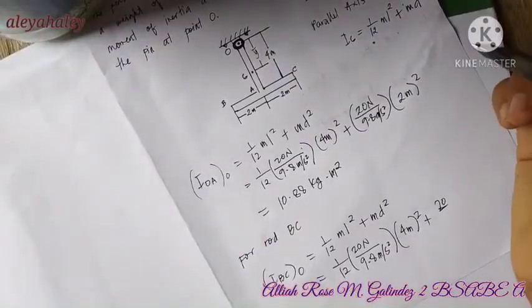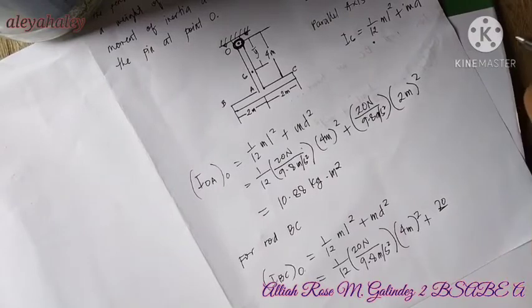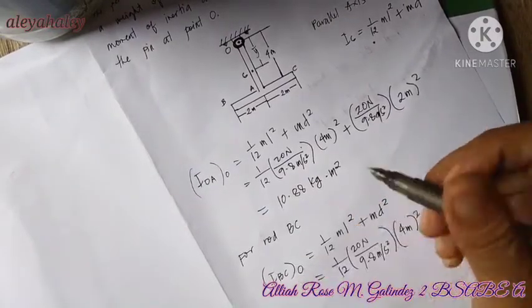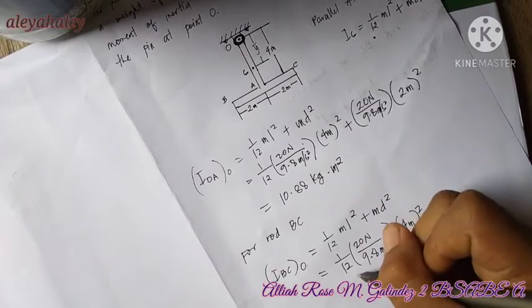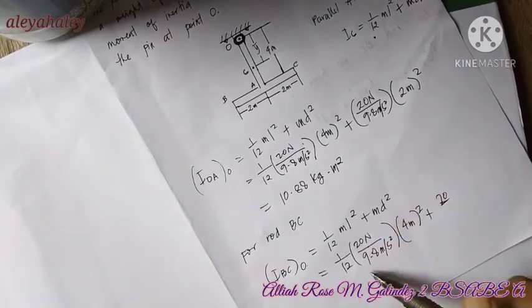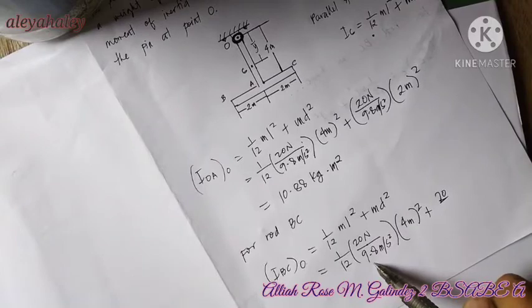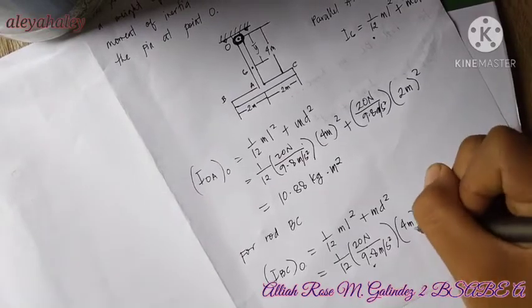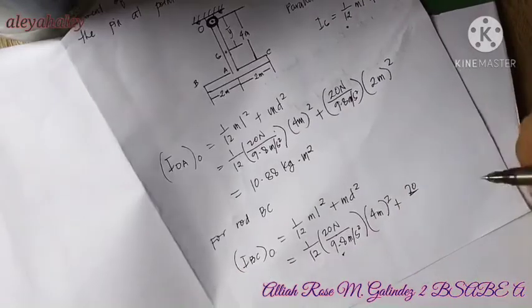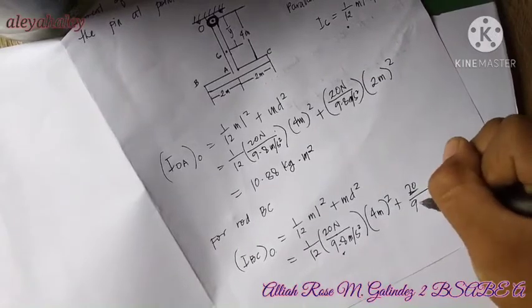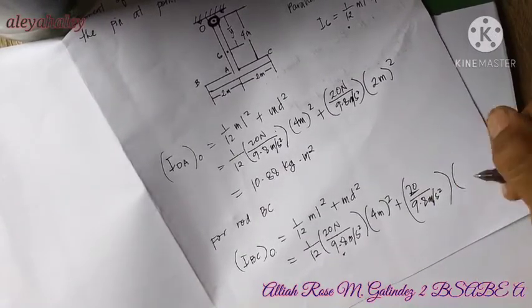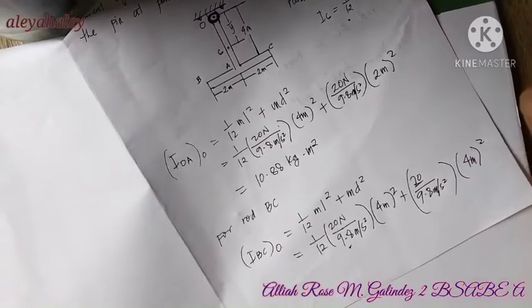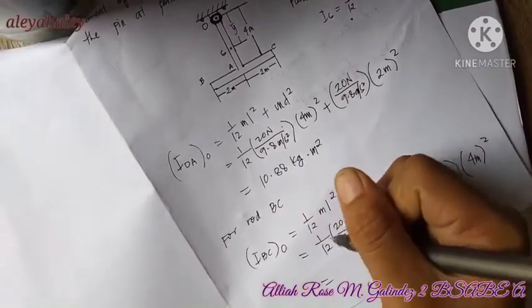For rod BC, the moment of inertia at O is equals to 1/12 ml squared plus md squared. 1/12 times 20 newton divided by 9.8 to get the mass, times the length 4 meters squared, plus 20 over 9.8 times the distance squared.